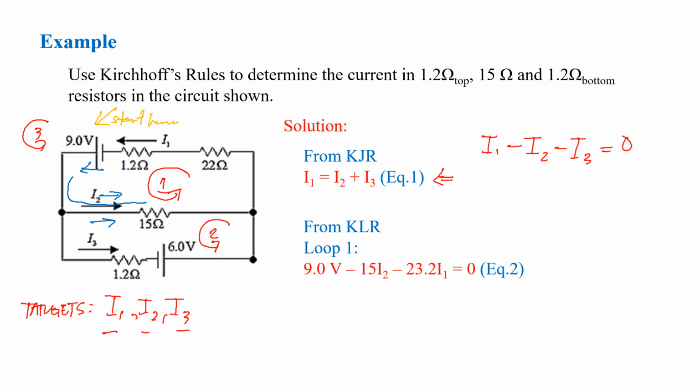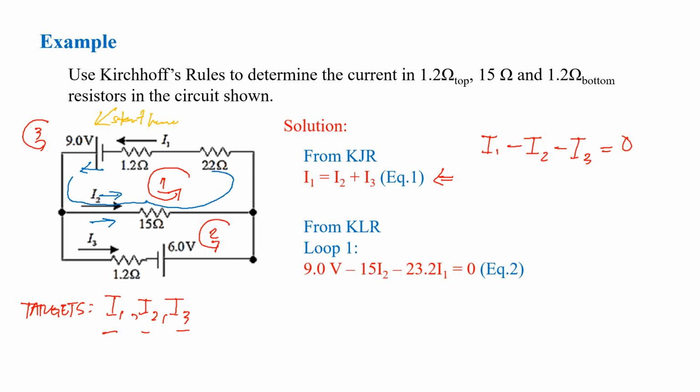So this is your V equals IR. Remember this is your IR, V equals IR, which is equal to your voltage. Okay, and we continue with our travel. So we move here, passing your 22 ohms.